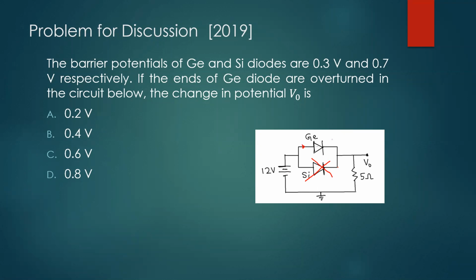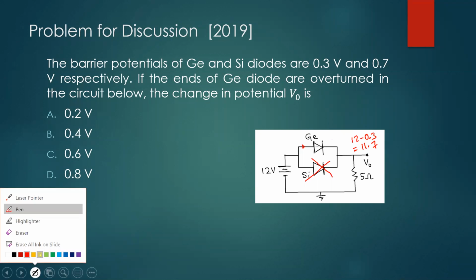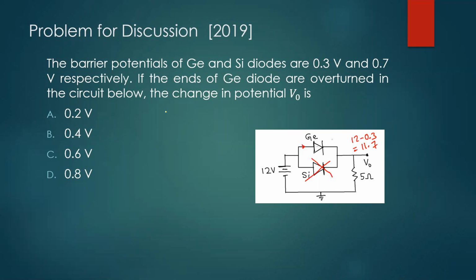Now, because of that, the barrier potential of the germanium diode is 0.3. So V naught would be 12 minus 0.3, that is 11.7. Now if I overturn the germanium diode and connect it like this, the germanium diode gets into reverse bias mode.